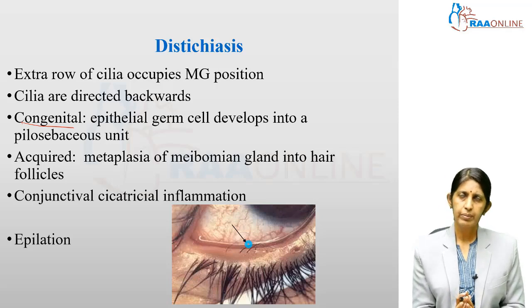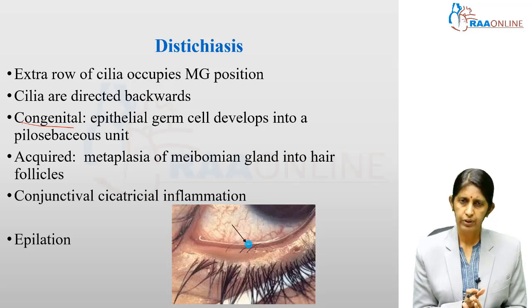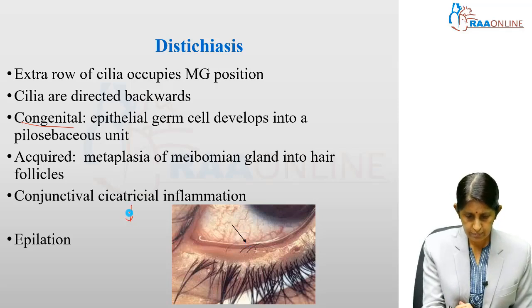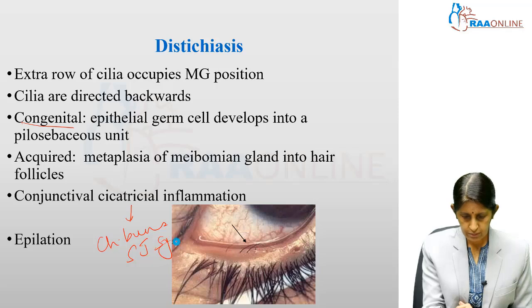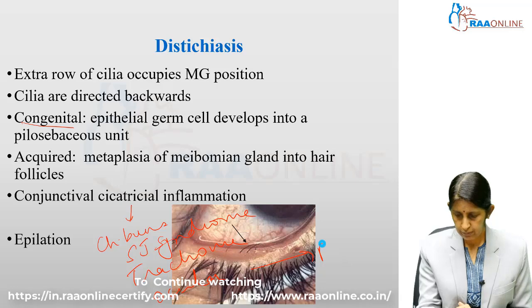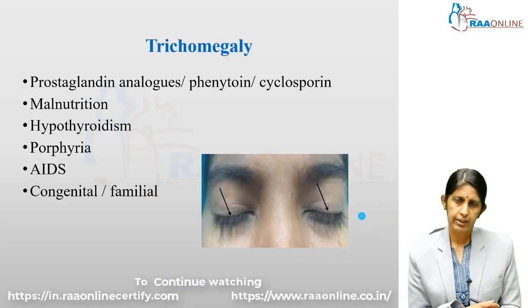Cicatricial inflammation can occur in trachoma, following chemical burns, ocular pemphigoid, or Stevens-Johnson syndrome. These are the most common causes of cicatrization. Again, treatment is epilation.